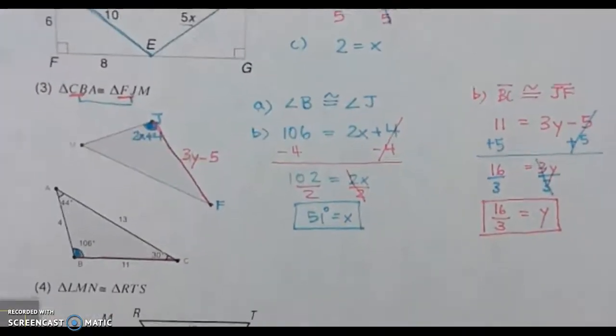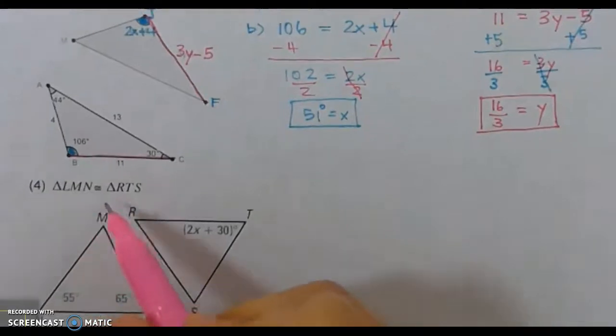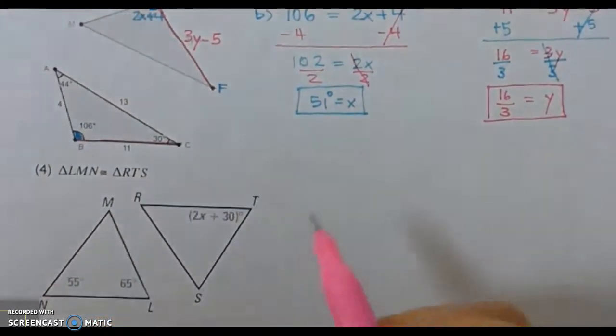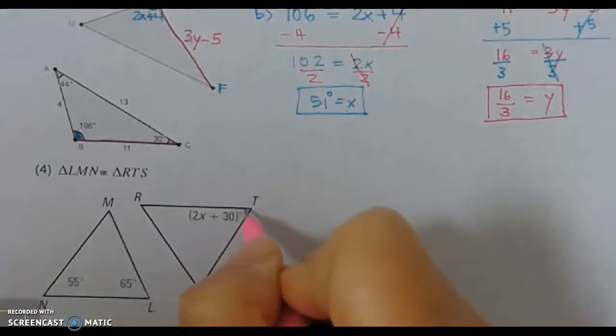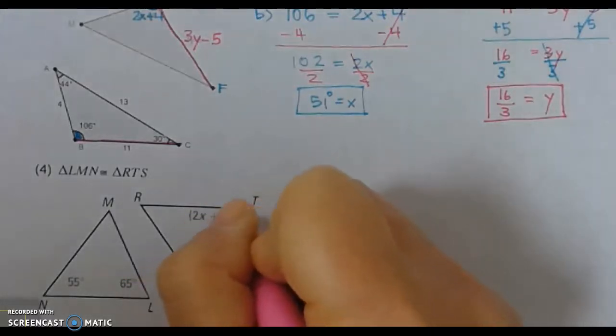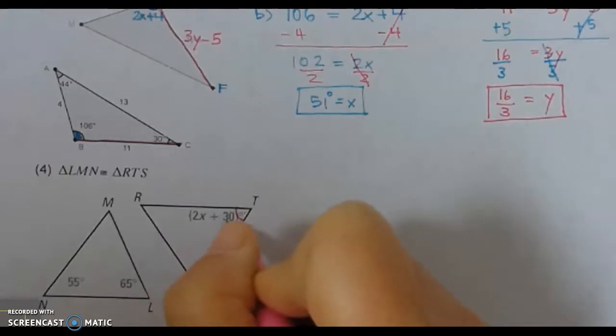Alright, and then last problem. Okay, so triangle LMN is congruent to triangle RTS. That's what we are told. So we only have one variable here, and that is for the angle measure of T. So angle measure of T is 2x plus 30.